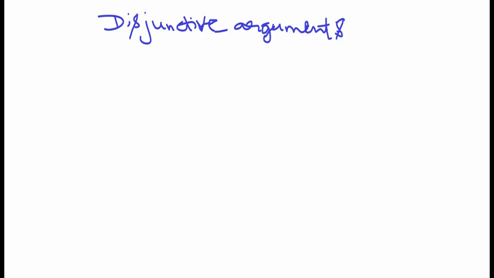A disjunctive argument, also called a disjunctive categorical argument, is one in which the major premise is a disjunctive proposition, while the minor premise and the conclusion are categorical propositions. So it works like this.